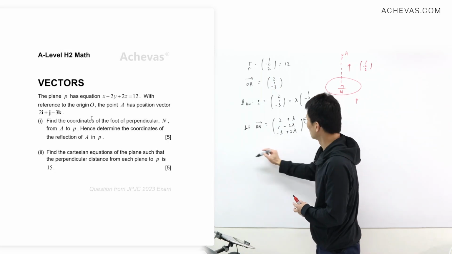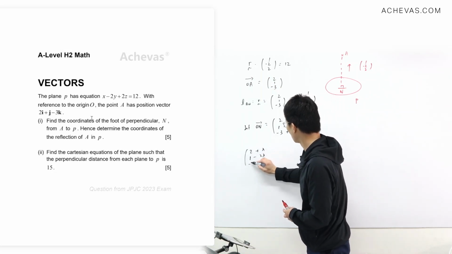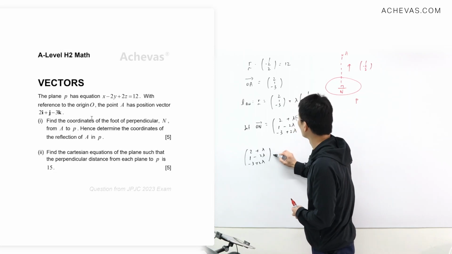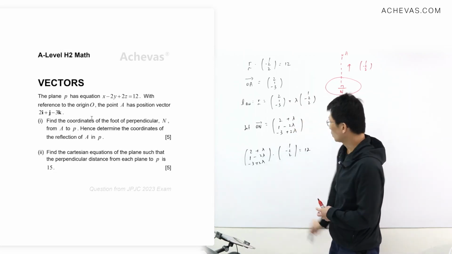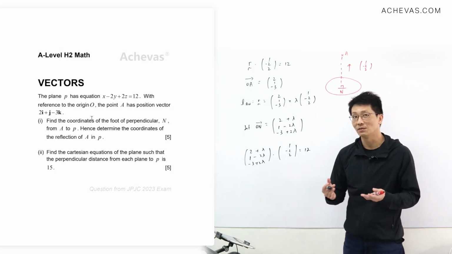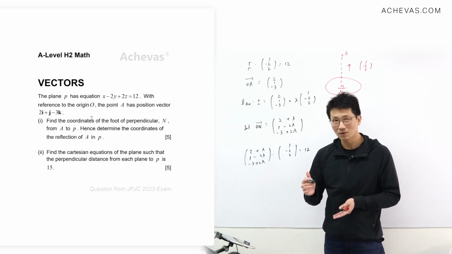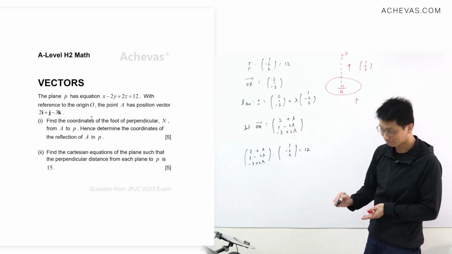That will be (2 plus lambda, 1 minus 2 lambda, -3 plus 2 lambda) dot with (1, -2, 2). We can simply evaluate this expression, then find the value of lambda. With this value of lambda, we can substitute back in to find the foot of the perpendicular.